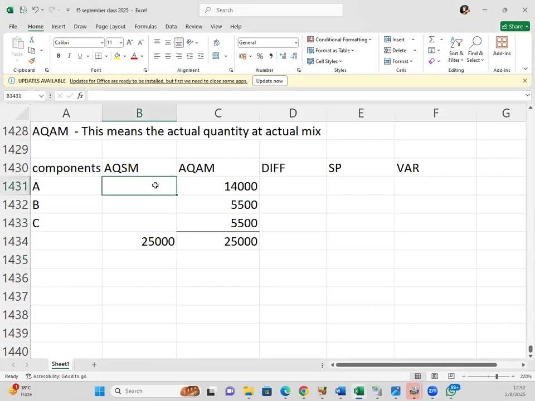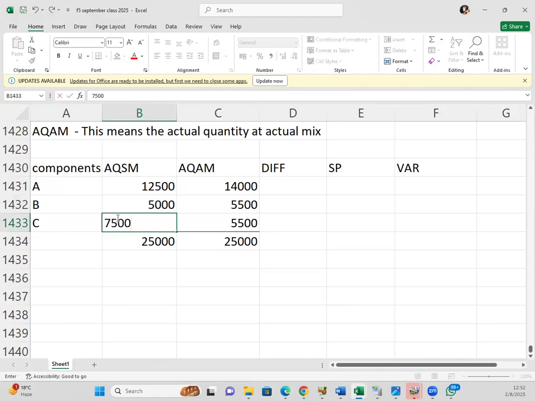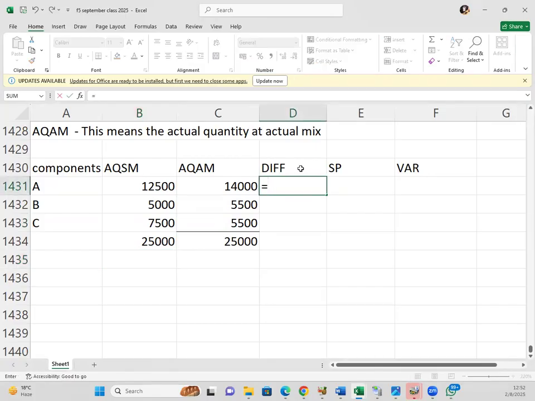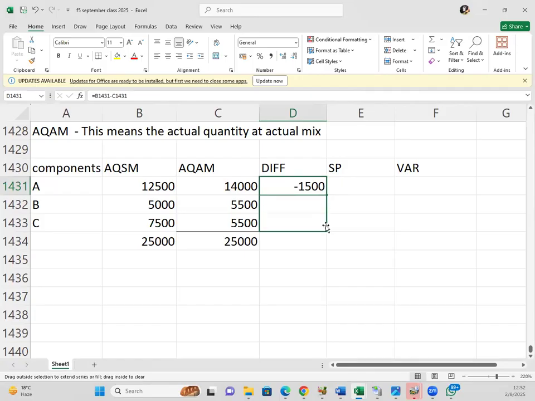What's for A? 12,500. 5,000. 7.5. 7.5. So the difference, you then say 12.5 minus the 40. You do that throughout.